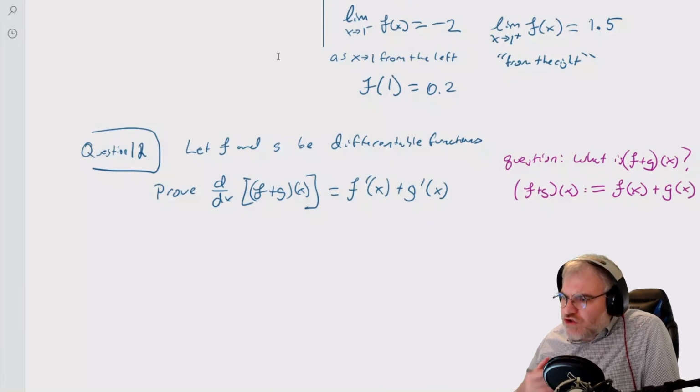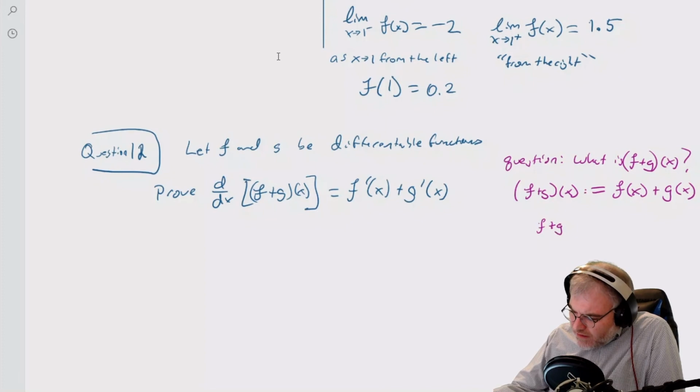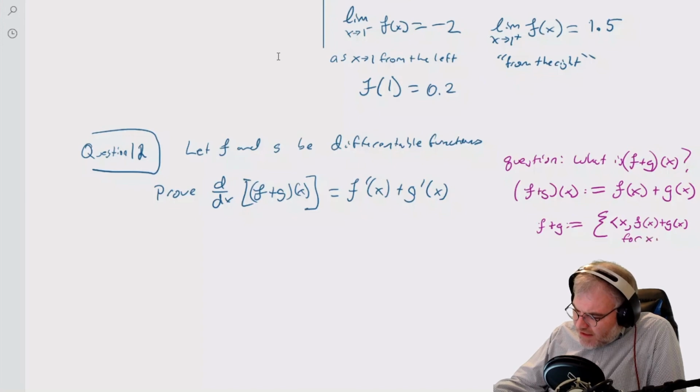But remember it's two sets. f plus g equals the set of x, f of x plus g of x, for x in their common domain.